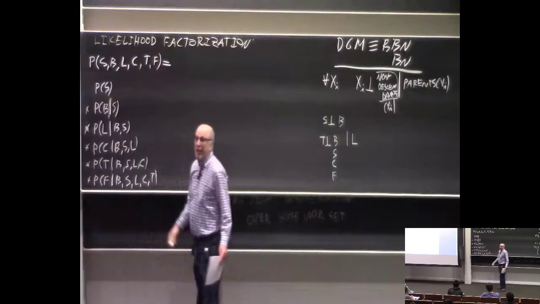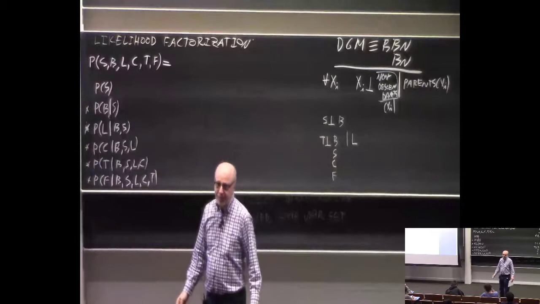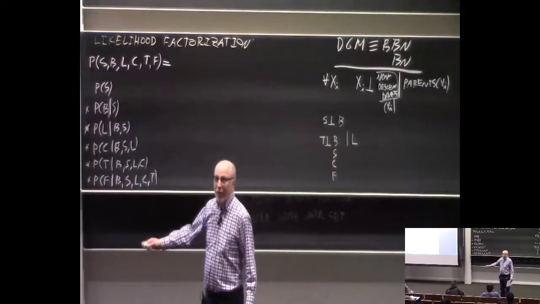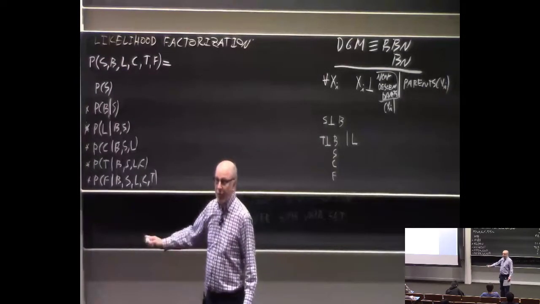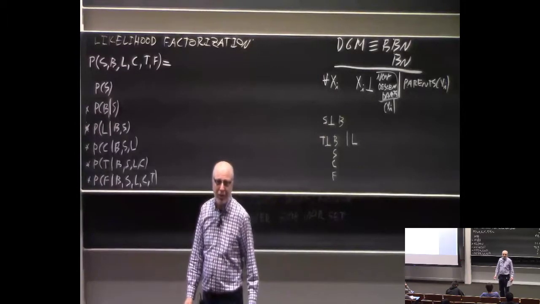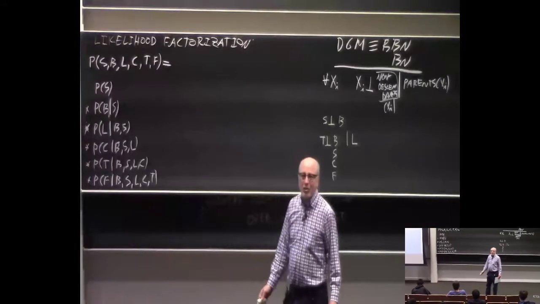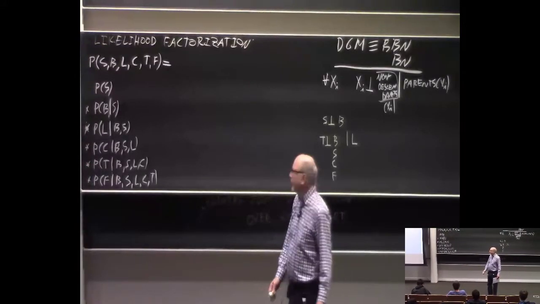All right, what I did here was just a chain rule. For this, I did not need the graph. This is true for any probability distribution, whether or not it satisfies any conditional independence assumptions, right? Now I'm going to write next to it the same thing, but taking advantage of my conditional independence assumptions.